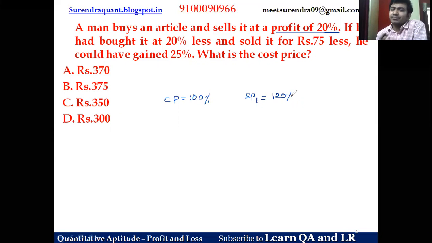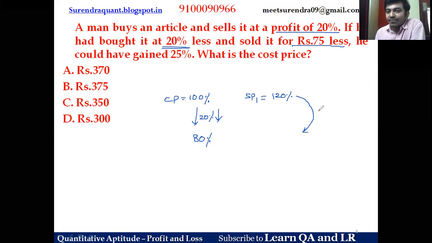But later he made some changes to his business model. If he had bought it for 20% less, the initial cost price is 100%. Now he purchased it for 20% less. Means what? He has to purchase it for 80%. And sold it for 75 rupees less. So initially the selling price is 120%.